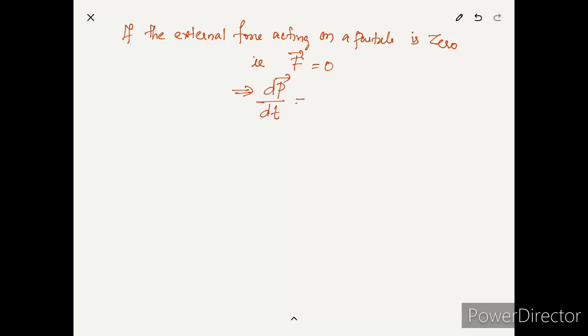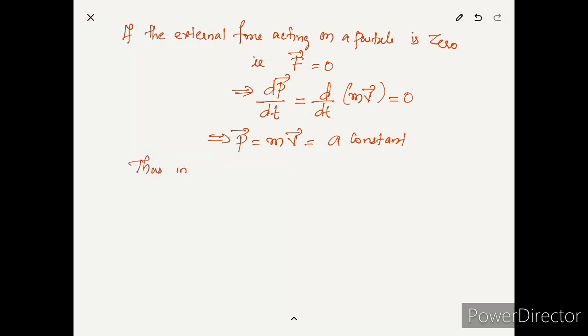That is, dp by dt, which is d by dt of m into v, will be 0 because the external force is 0. This implies that p is equal to m times v is a constant. Since dp by dt is 0, p is a constant.